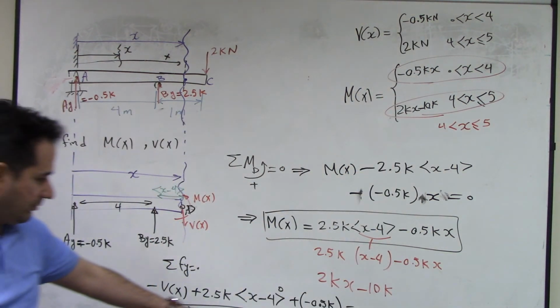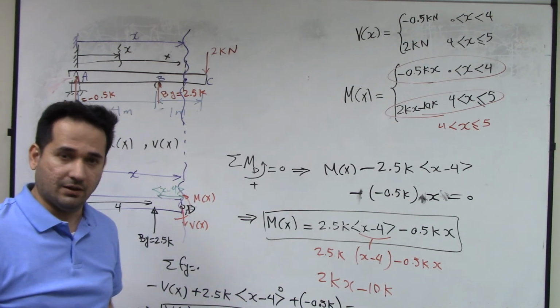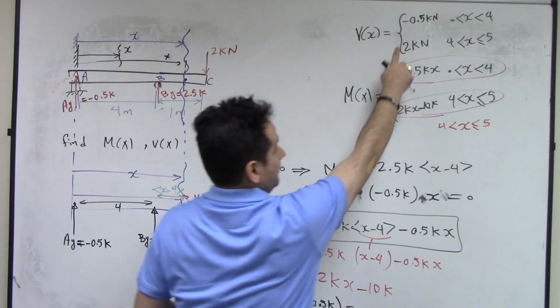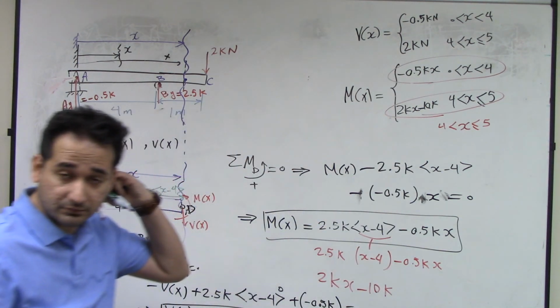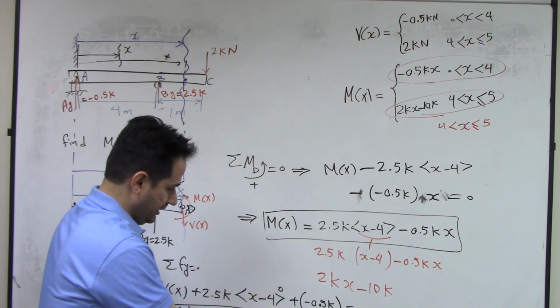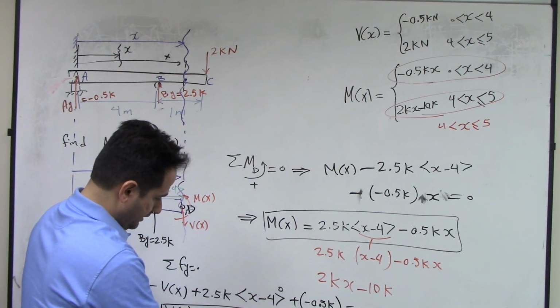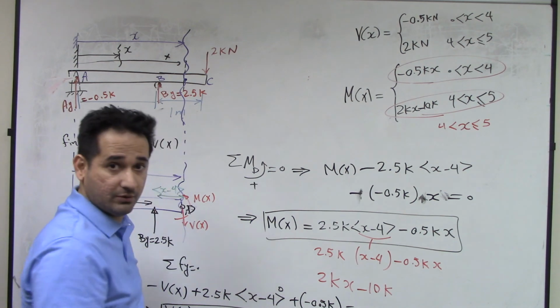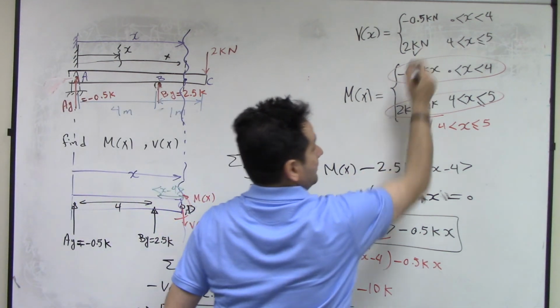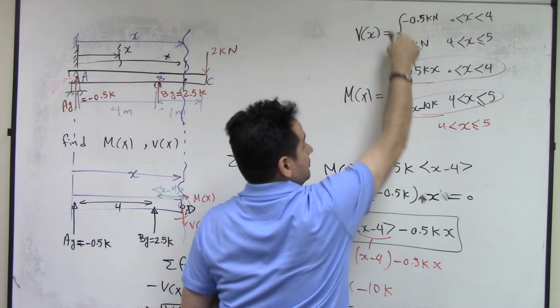If you are smaller than 4, this term does not exist, so we get negative 0.5 k. Right? If you are greater than 4, then this becomes 1, 2.5 minus 0.5 becomes 2. So we get this. So this equation is in fact two equations here.